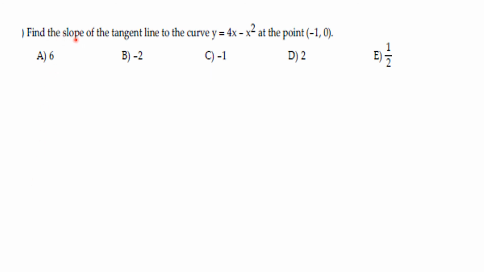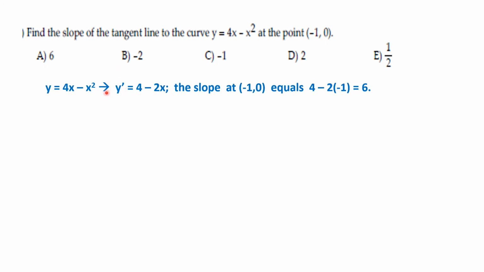Find the slope of the tangent line to the curve y equal to 4x minus x squared at the point (negative 1, 0). So we will get the slope, and then we plug in the values of x and y. To find the slope, we look at y equal to 4x minus x squared. The derivative of y, represented by y prime, is equal to 4 minus 2x.